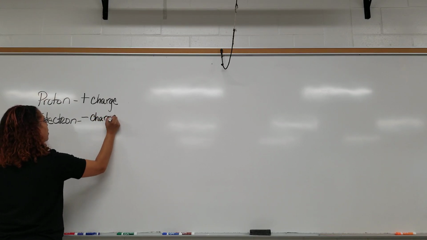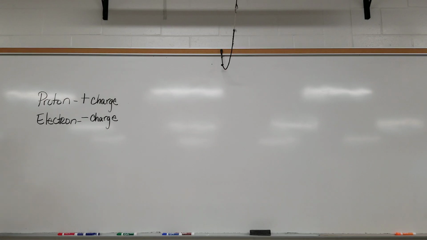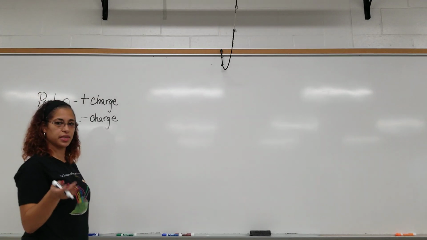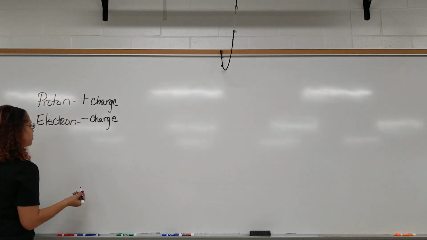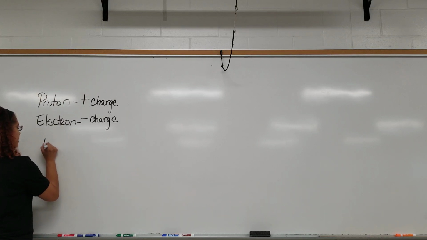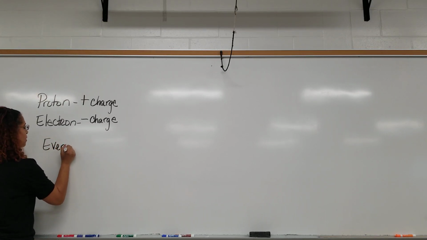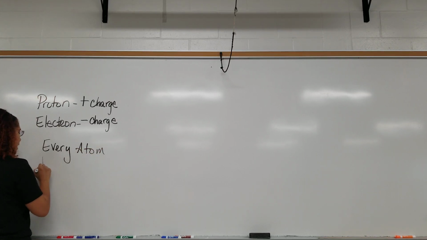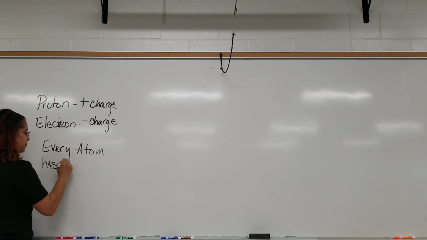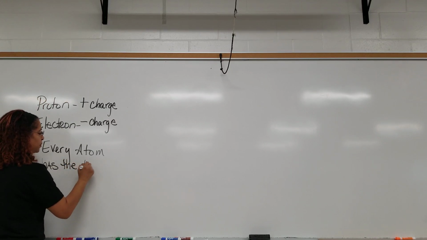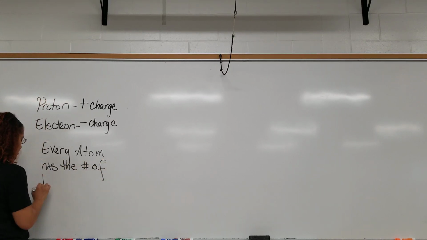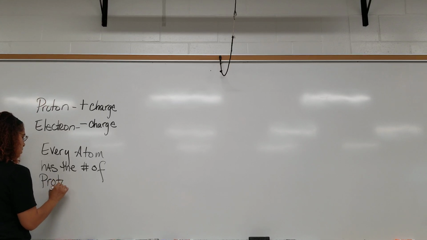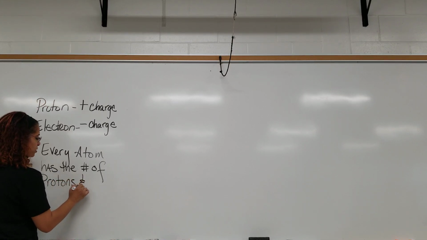Now every atom on the periodic table, as it appears, is neutral. And the reason for that is every atom on the periodic table has the same number of protons and electrons.